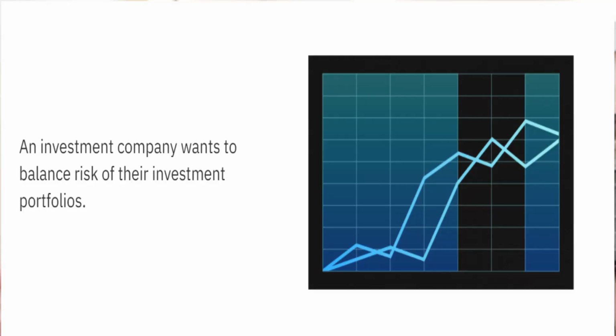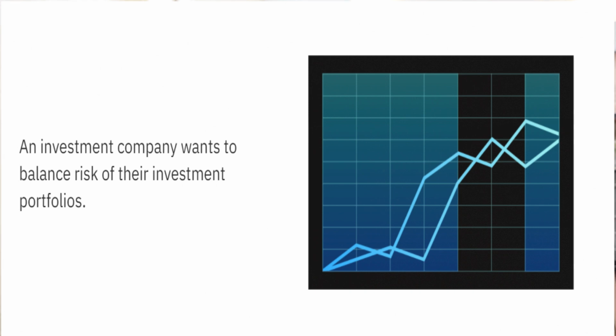Now coming to an investment company, they want to look at the risk of their portfolio. There are different combinations of risk possible, right? So the classical computers need to find out the balanced risk, what is the risk I can take, and they want to balance that risk, and the classical computers have to solve that problem.